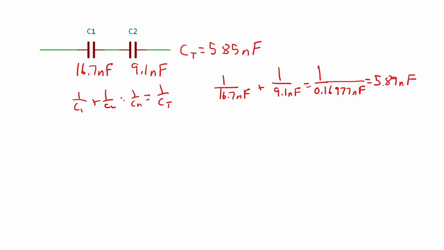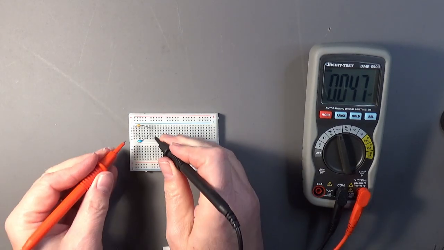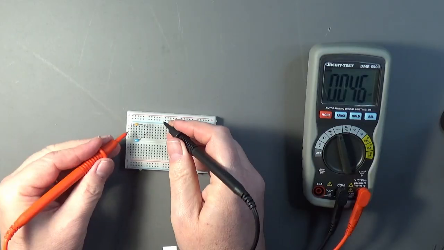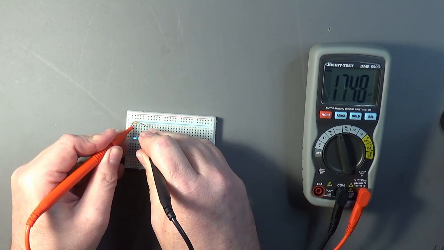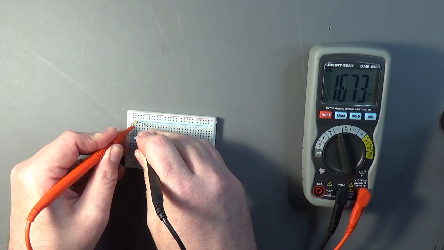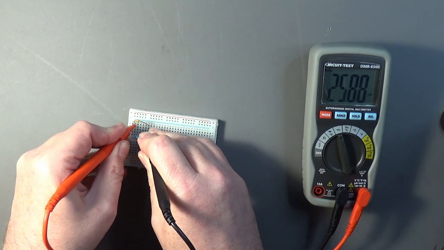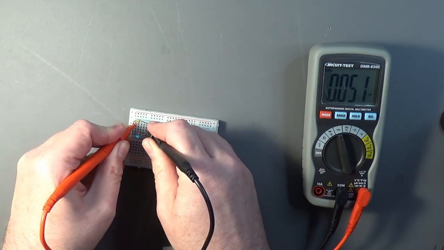So let's take a look at if they're in parallel. Now I have my same two capacitors, 16 and 9-ish nanofarads, and I've put them in parallel. If I check the capacitance now, we get about, oops, the meter's having some issues here.